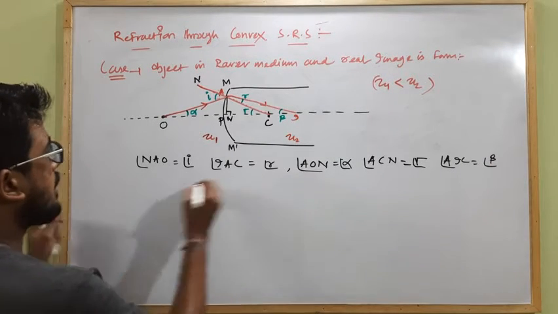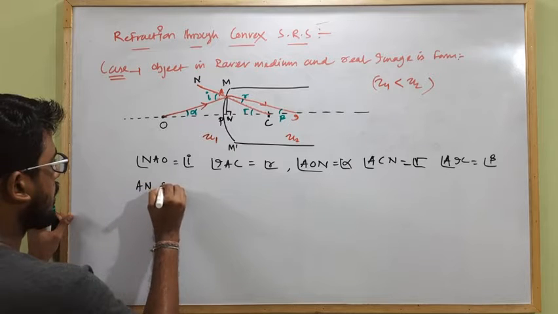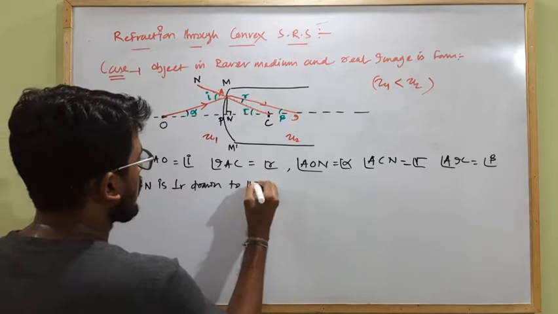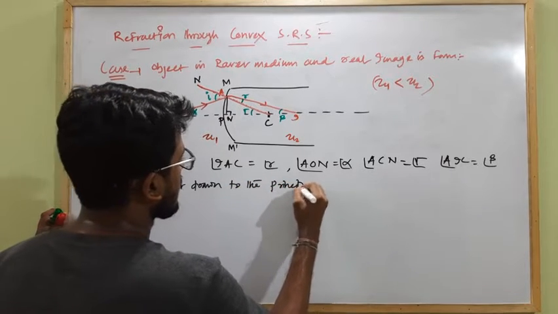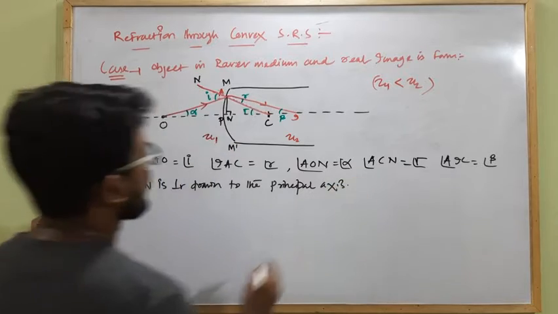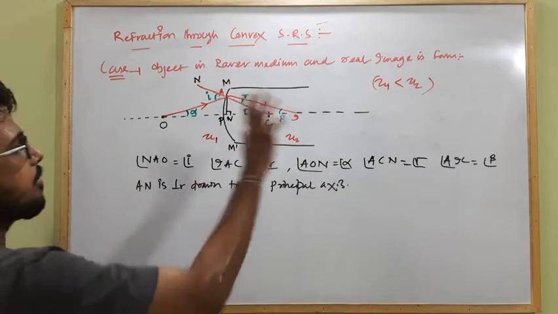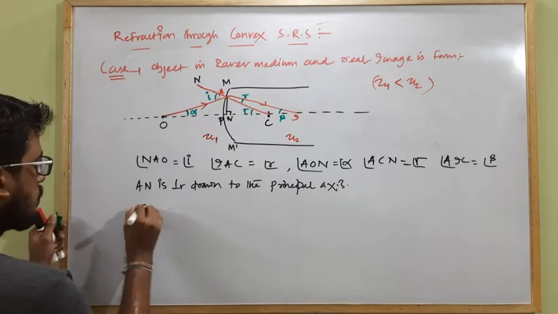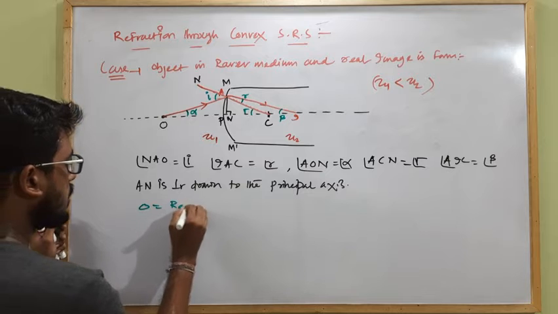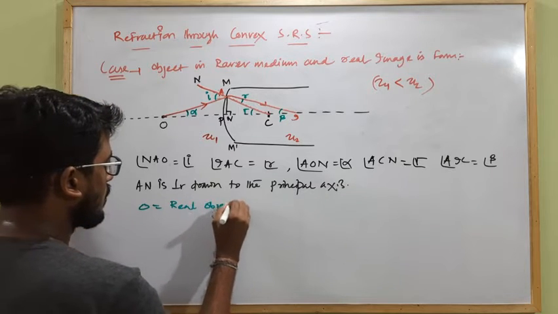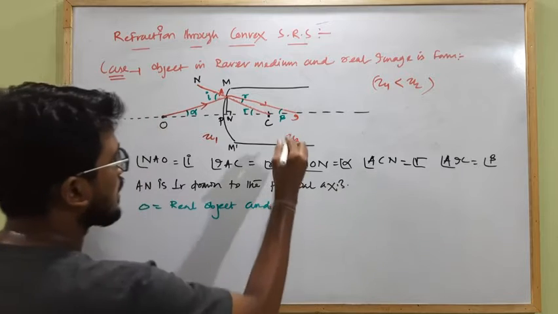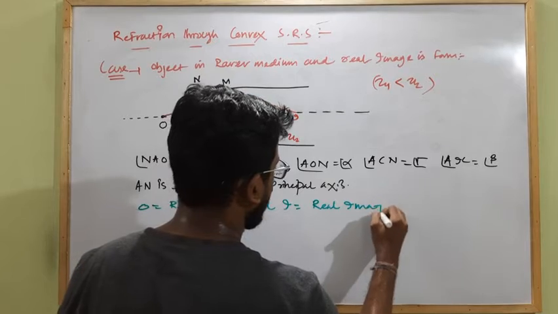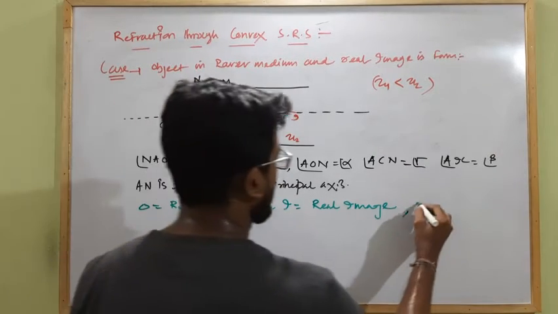Clear? And AN is the perpendicular drawn to the principal axis. This is all about the figure. O is the real object, and what is I? I is the real image. Clear? And C is the center of curvature.